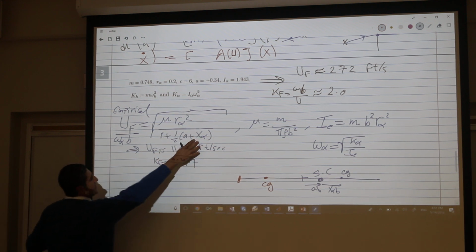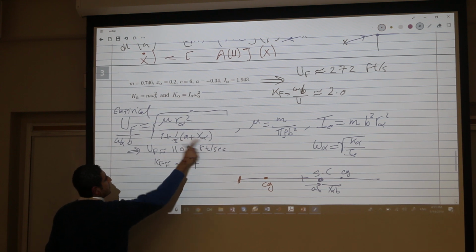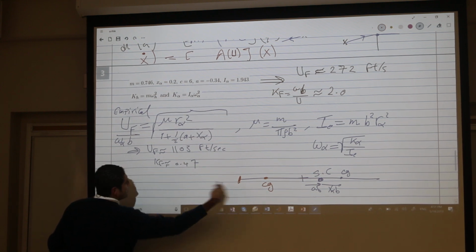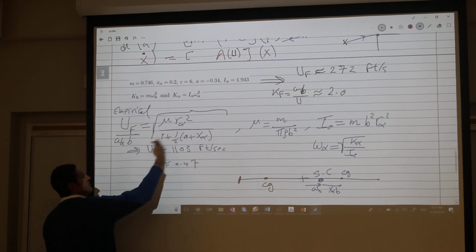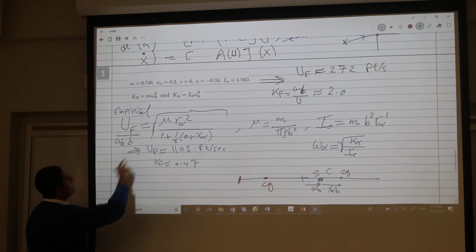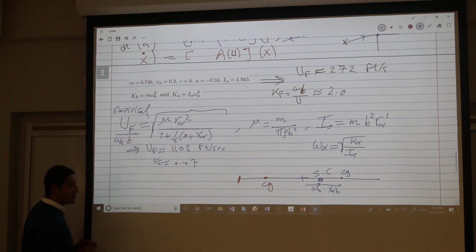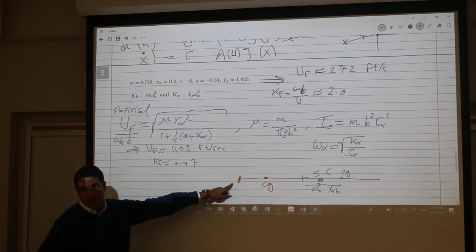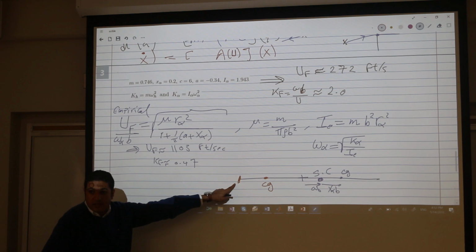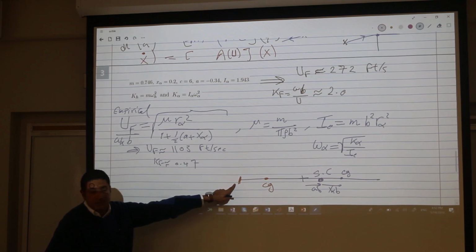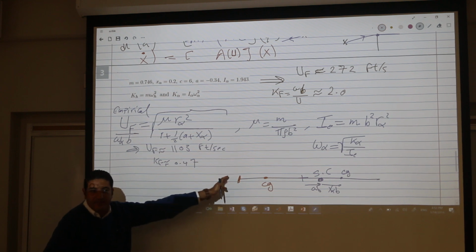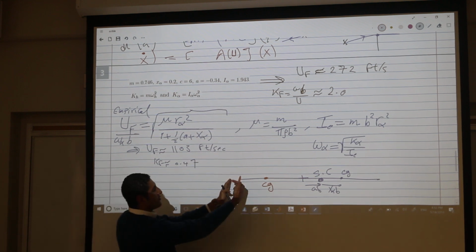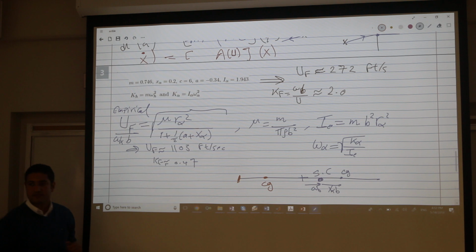You can see that as these become more and more negative, the CG moves in this direction. This becomes very small, going to 0, which means that the flutter speed goes up. Actually, this was a solution in the 60s to prevent flutter. They put some lead in the leading edge so that the CG moves all the way and you have no flutter.